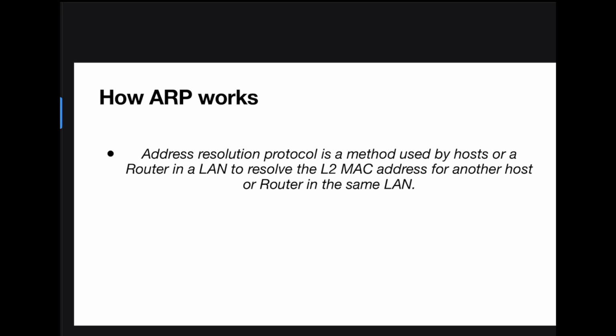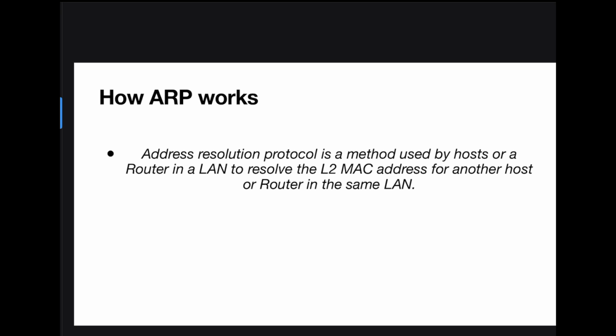say PC1 wants to communicate with PC2 in the same LAN, but PC1 doesn't know PC2's MAC address. Because we're communicating in a LAN, we need to communicate via MAC addresses, because that is how communication occurs on layer 2.